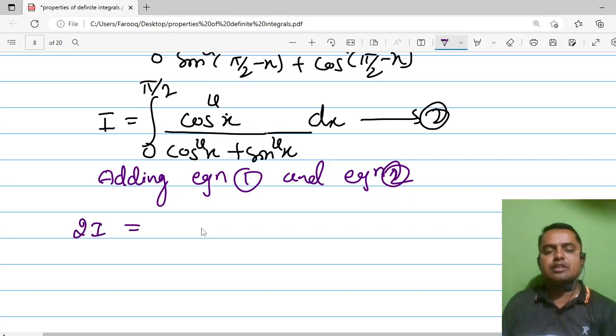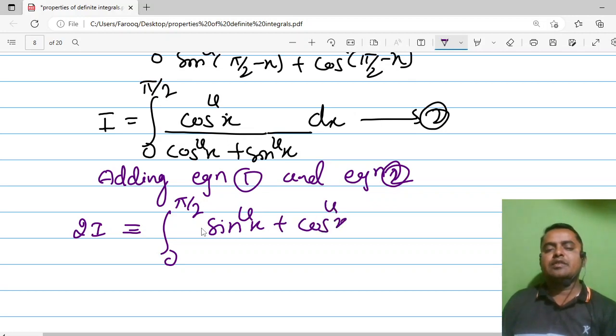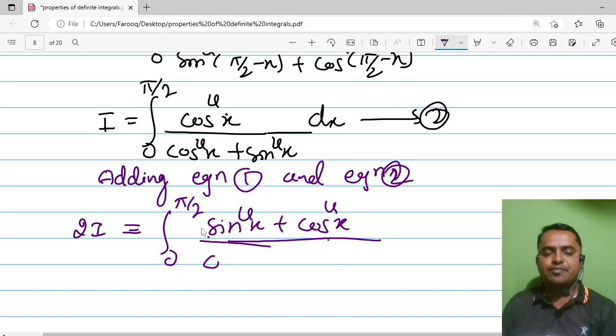That is the integral from 0 to 5 by 2 of sin raised to 4x plus cos raised to 4x. Equation 1 contains the numerator sin raised to 4, equation 2 contains cos raised to 4. Add these two, and the denominator of both equations is the same, cos raised to 4x plus sin raised to 4x, dx.